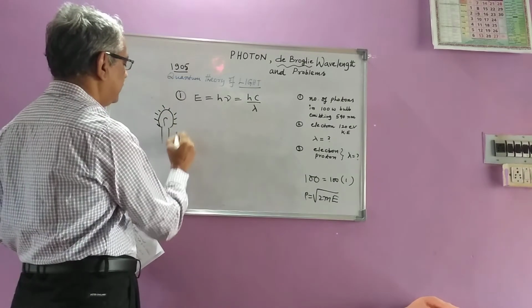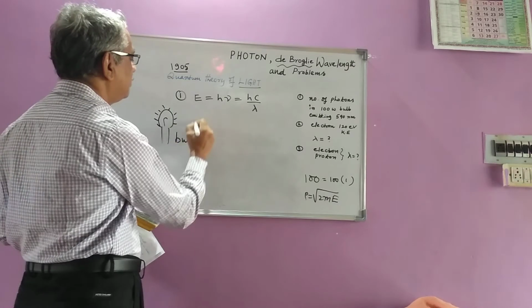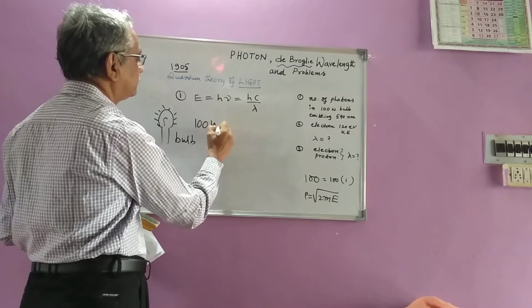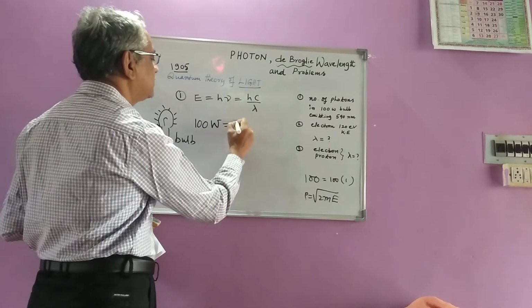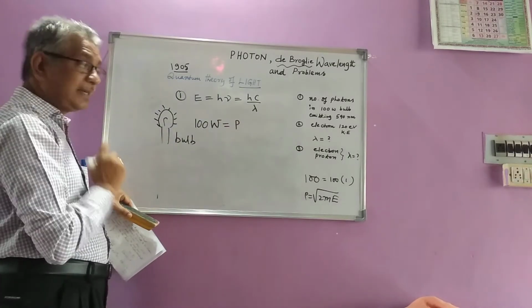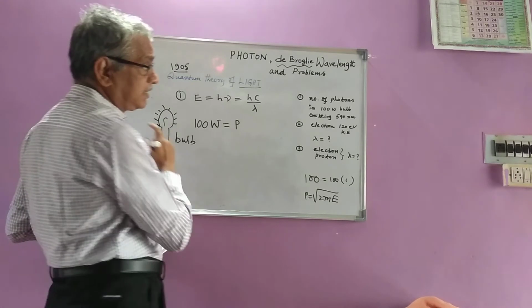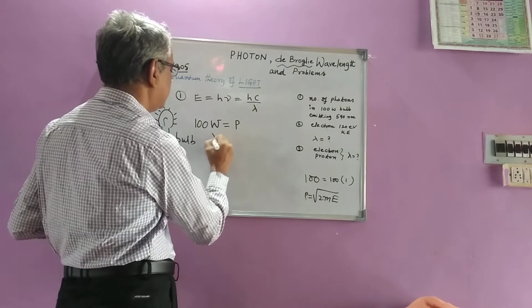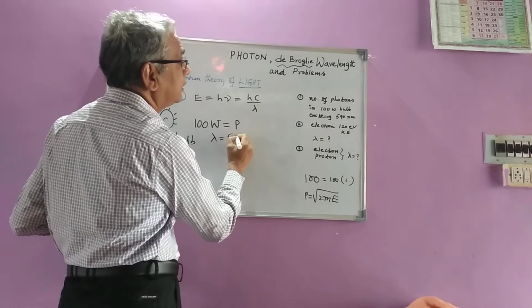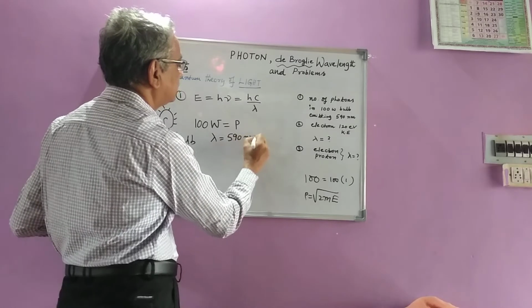There is a bulb which is 100 watt. So 100 watt means power. Power of the bulb is 100 watt, and it is emitting a light of wavelength 590 nanometers.